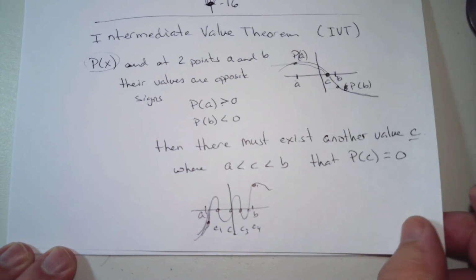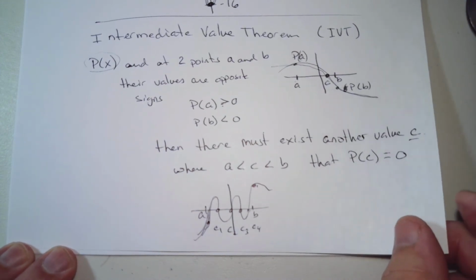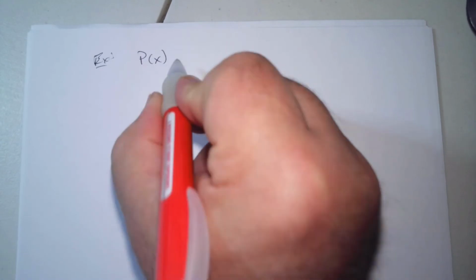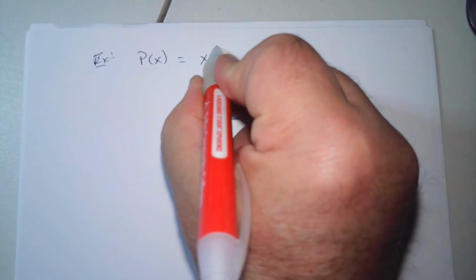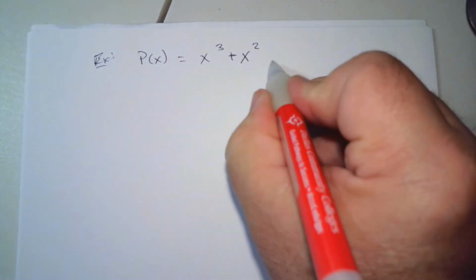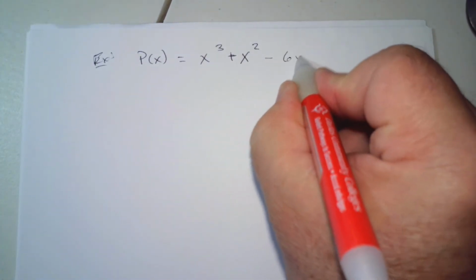Okay, let's look at a couple of examples, calculation-wise. That's graphical. Let's look at numbers. Example. Polynomial: x cubed plus x squared minus 6x.